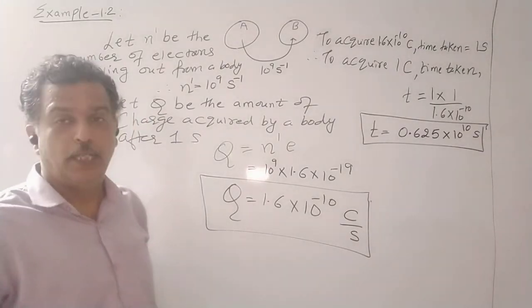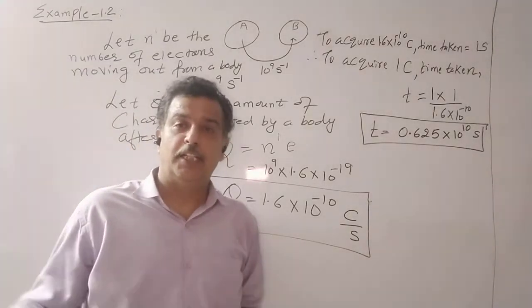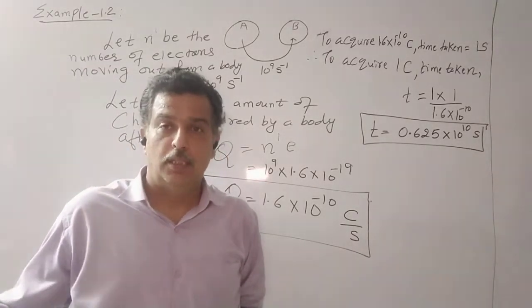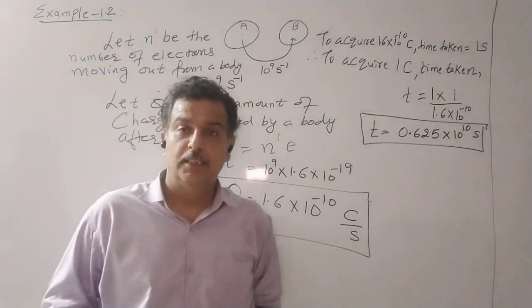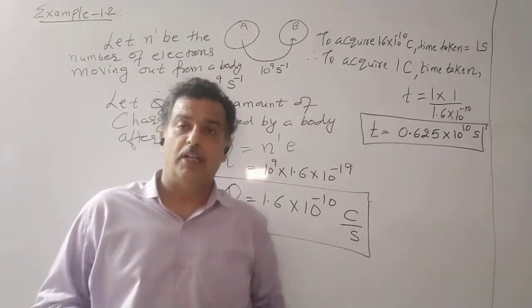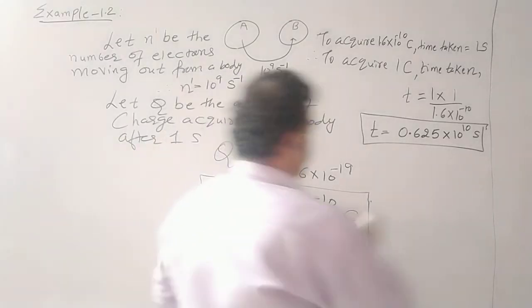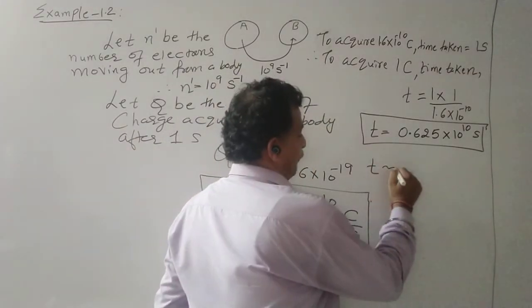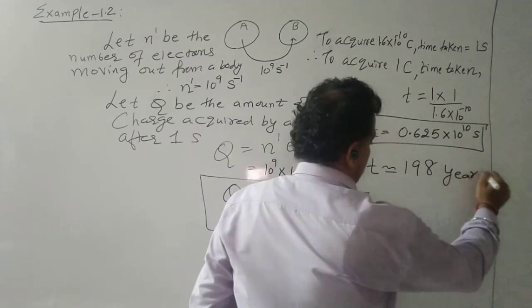Seconds can be converted into minutes, minutes into hours, hours into years. If you divide this by 365 multiplied by 24 hours per day into 60 minutes into 60 seconds, you will find that t approximately comes out to be 198 years.